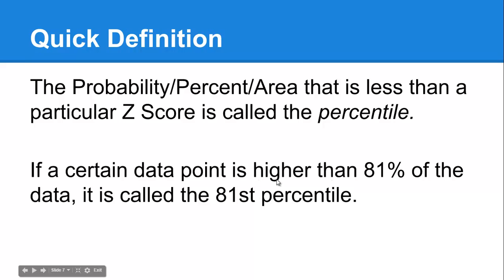This idea of higher than 81% confuses people, because they think, if you're higher than 81%, shouldn't there be 82% lower than you? Shouldn't that be 80%? But remember, it's continuous data, so it really doesn't matter. It's just that 81% is lower.